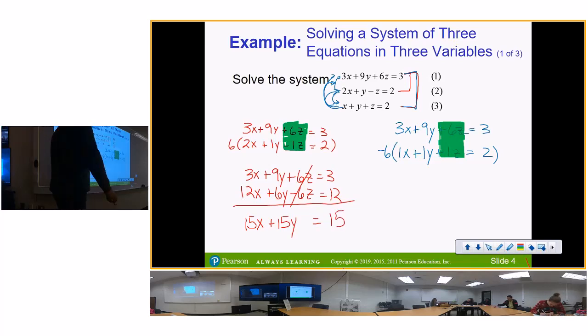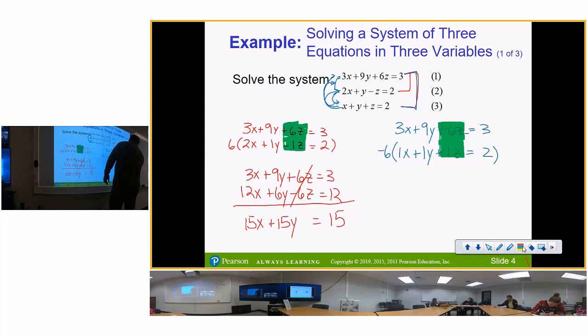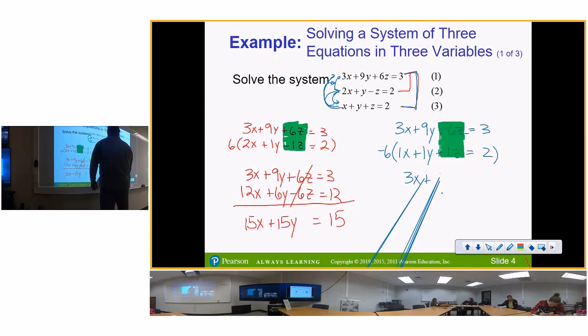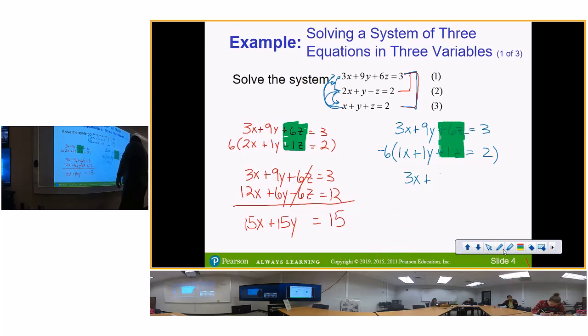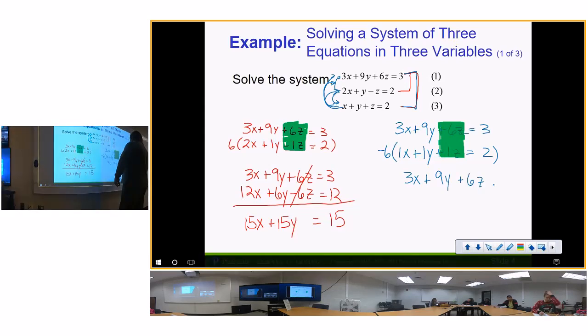Now let's go over to the blue one. So I get 3x plus 9y plus 6z is equal to 3.